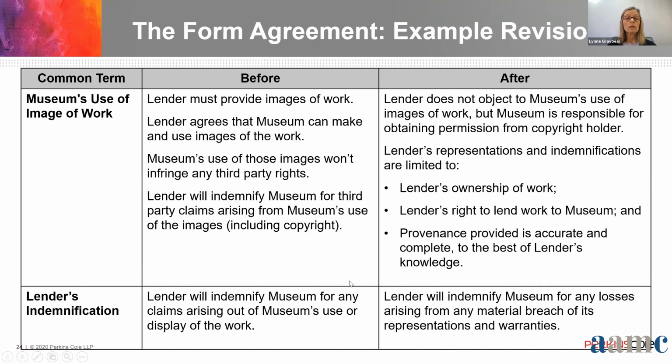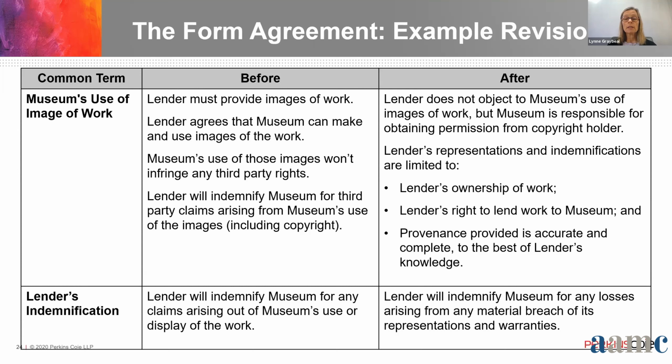We've covered the use of images fairly extensively. Often, again, the obligation to agree to uses of images is put on the lender when the lender is really not in a position to grant that right. Often the lender doesn't have any problem whatsoever with the museum using an image, and so it's appropriate to include that in the agreement.